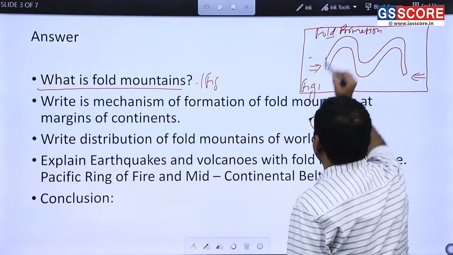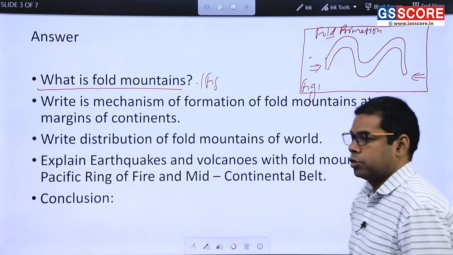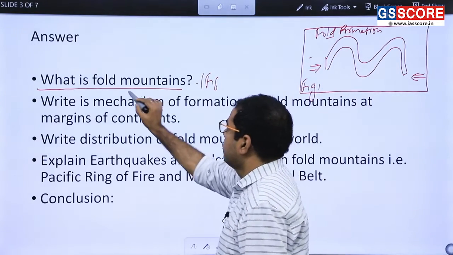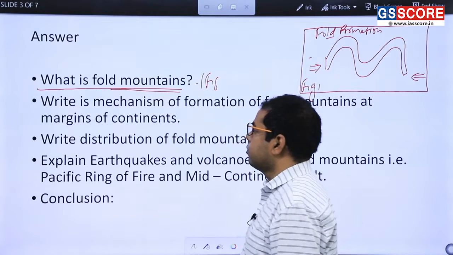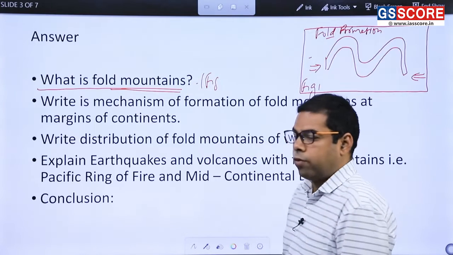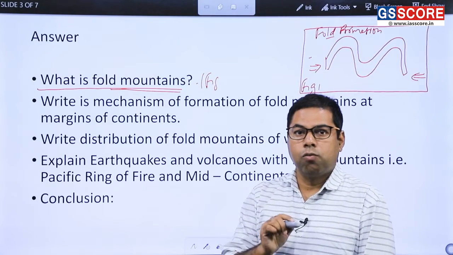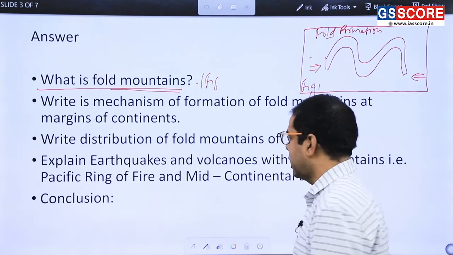What is this fold formation? The fold formation under the effect of compression is what we have shown. So the series of mountains formed in the form of folds are called fold mountains.